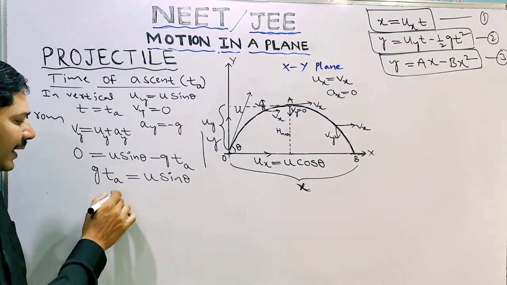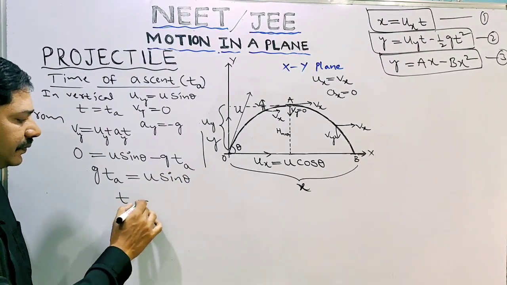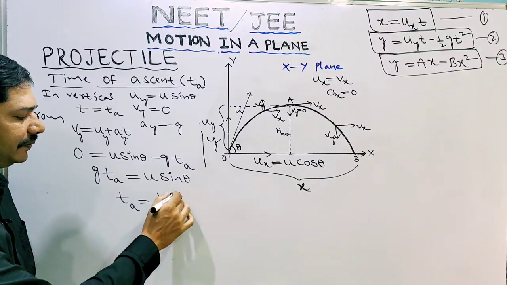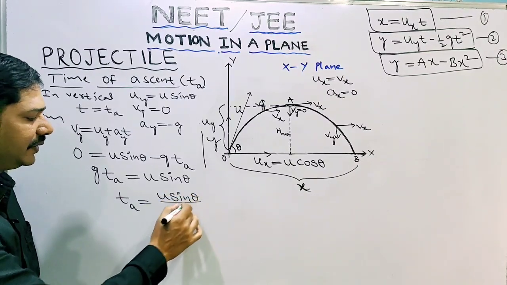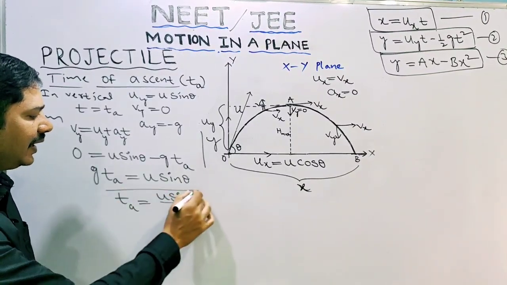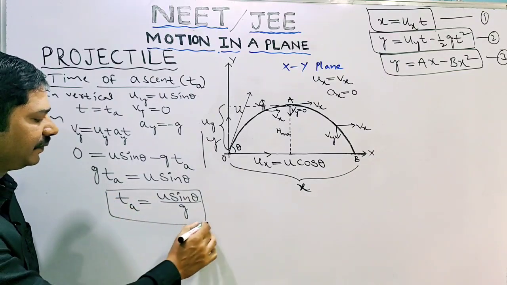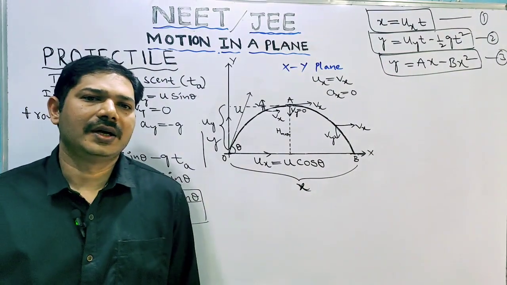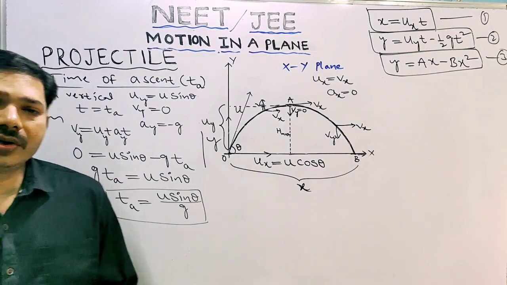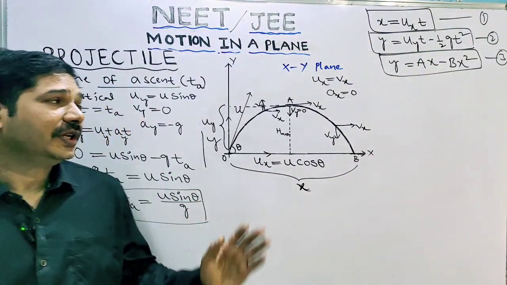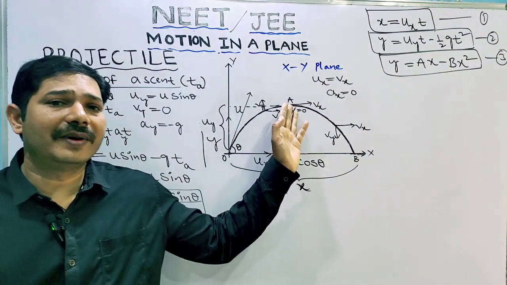Okay, and Ta is equal to u sin theta by g. So this is the time of ascent formula. Ta equal to u sin theta by g. So for time of ascent, how much time is taken?